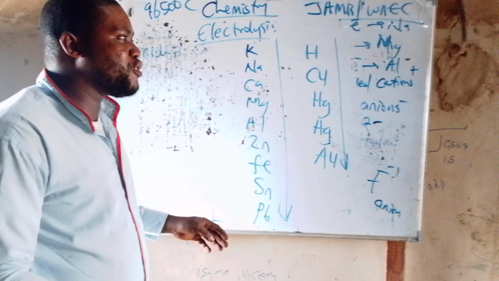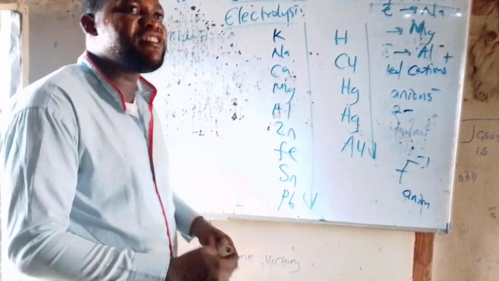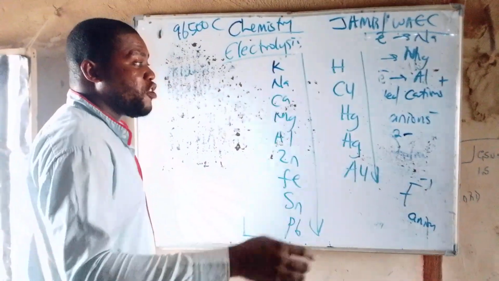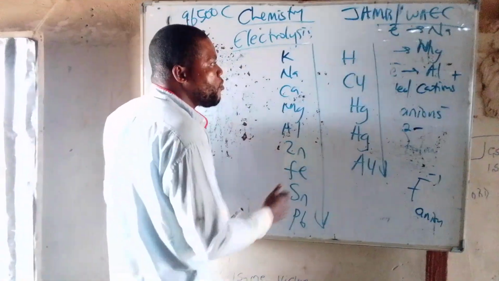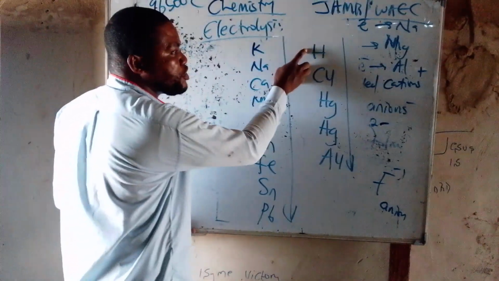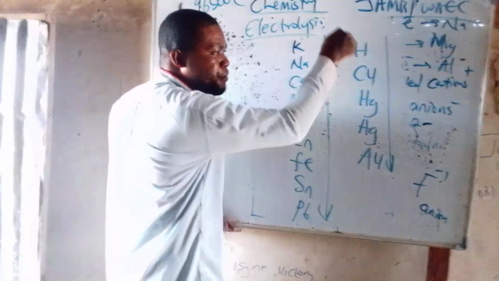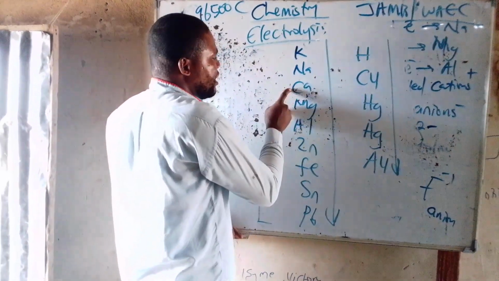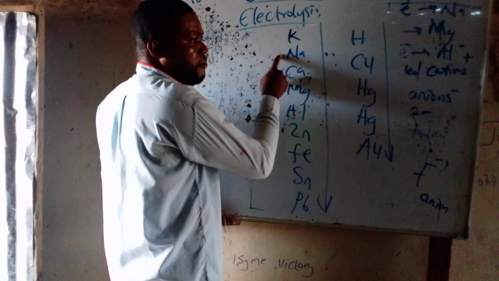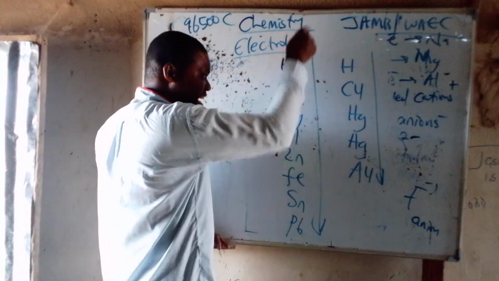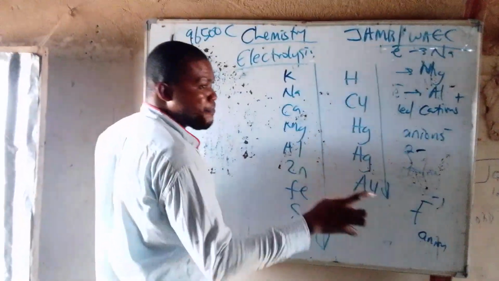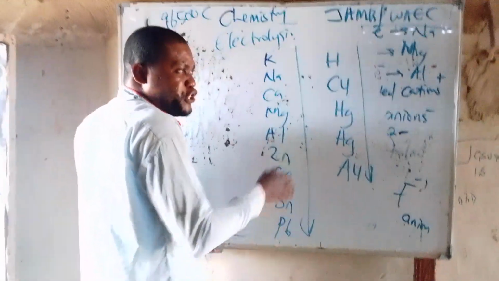If there's no condition in that particular reaction telling me otherwise, in the normal reaction there's no way copper will displace hydrogen from steam, because copper is below hydrogen in the electrochemical series. There's no way calcium will displace sodium, because sodium is higher than calcium. So this chart will help you to know which element will come out before the other.